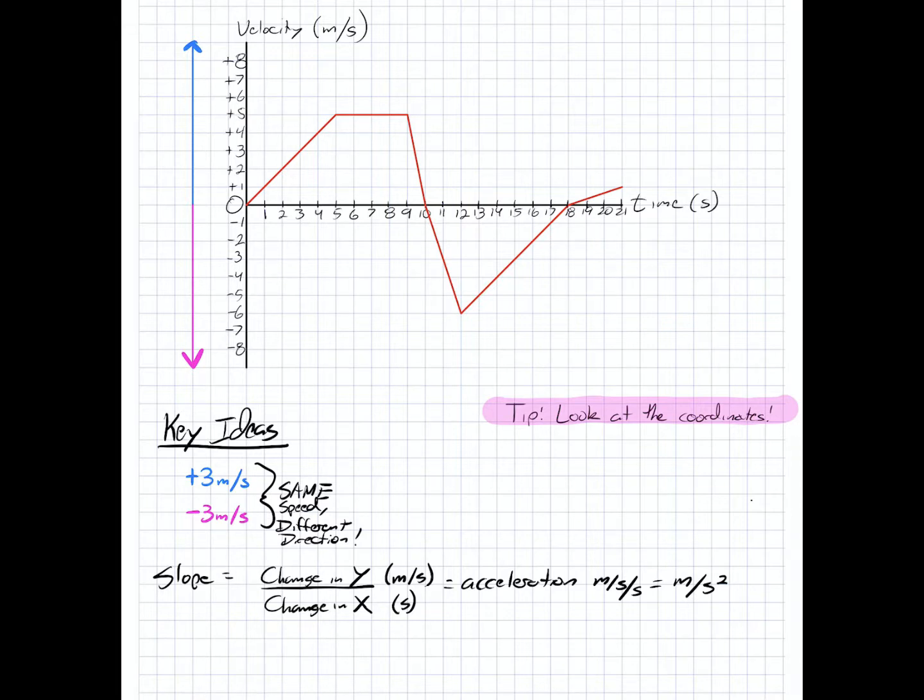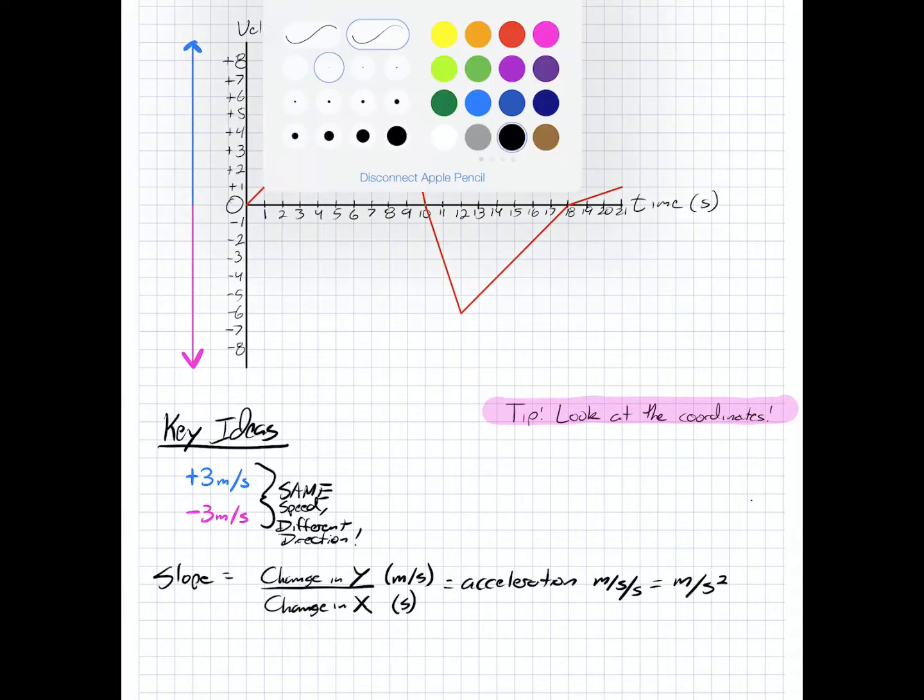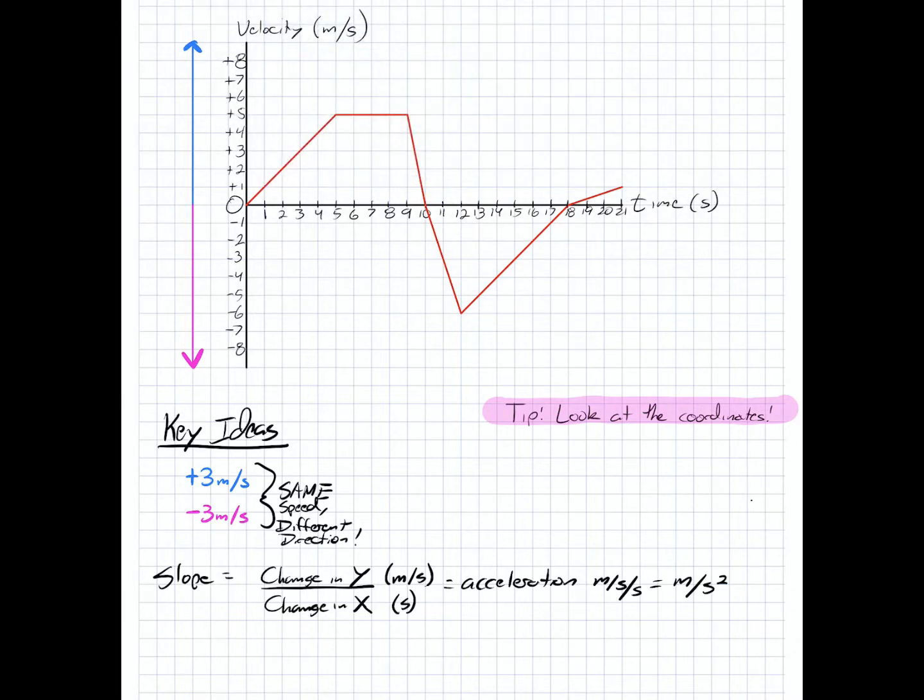Now looking at the graph, anything above the x-axis or positive is going to be a positive or forward velocity. And as you move away from the x-axis, that is increasing forward velocity. All right.